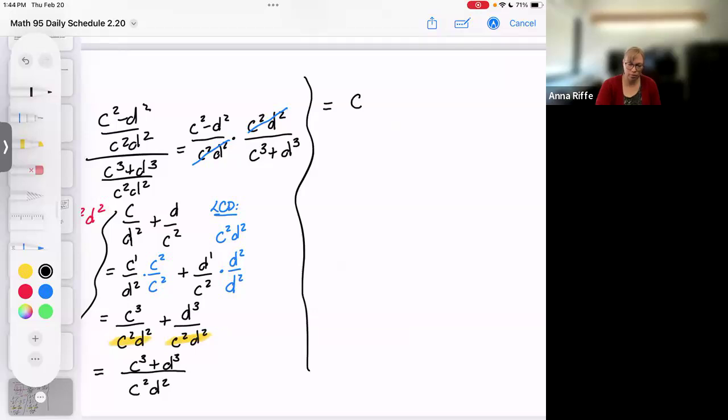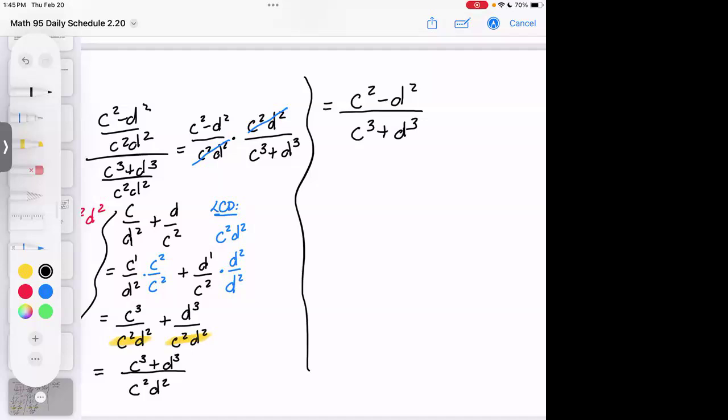So I have c squared minus d squared left on top over c cubed plus d cubed. In the previous problem, we haven't been able to do much more cancellation than that. We saw in the previous problem we could cancel by factoring out a -1. This one, though, we could maybe do some more involved factoring.